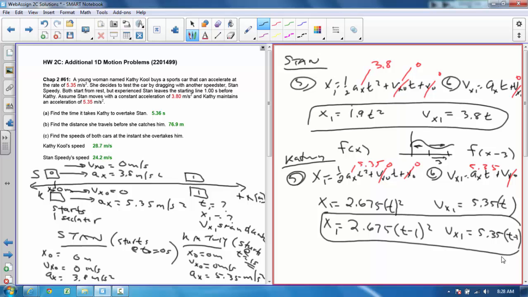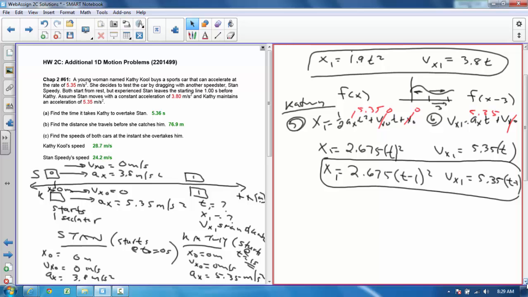All right. Those are the equations for Stan's position and velocity versus time, and these are the equations for Kathy's position and velocity versus time. What do we do to solve this? Well, what were we asked to solve for? Find t when what is true? Find the time when Kathy's position equals Stan's position.